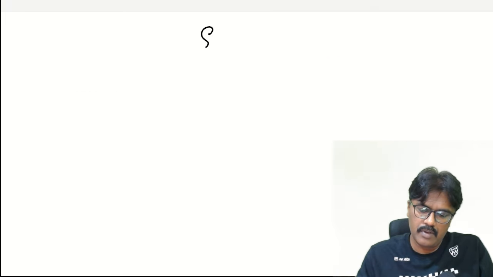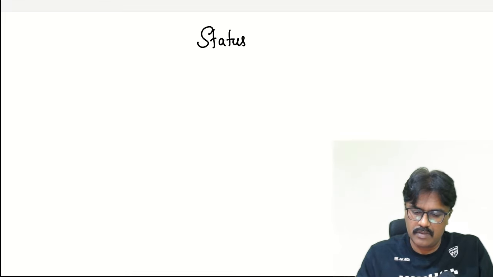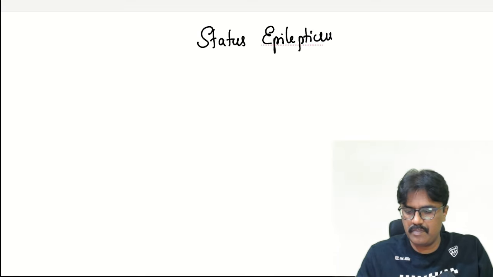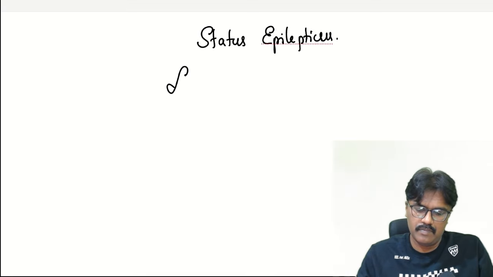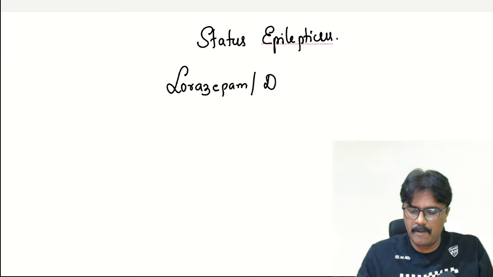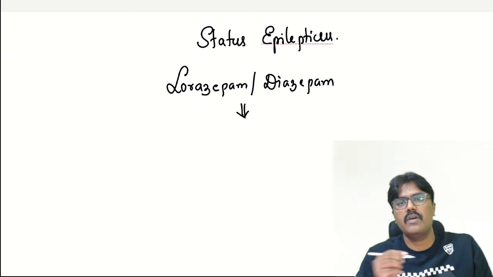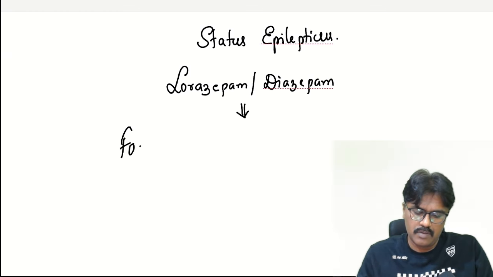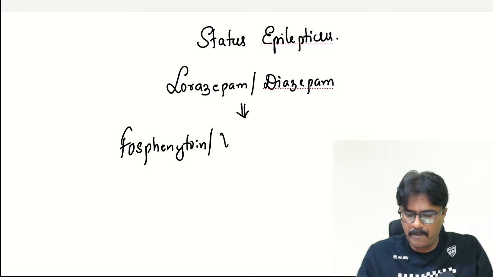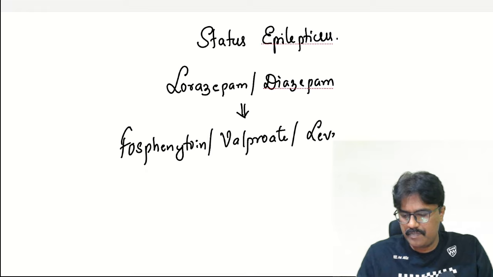But again, the important thing they will ask you is status epilepticus. So first we give lorazepam or diazepam. Still patient is not responding, we have three options: fosphenytoin, valproate, levetiracetam.